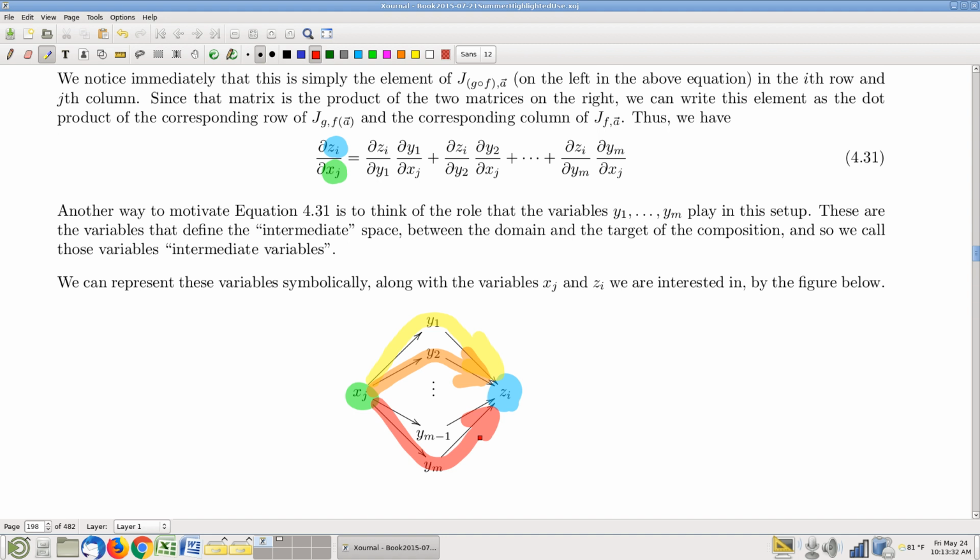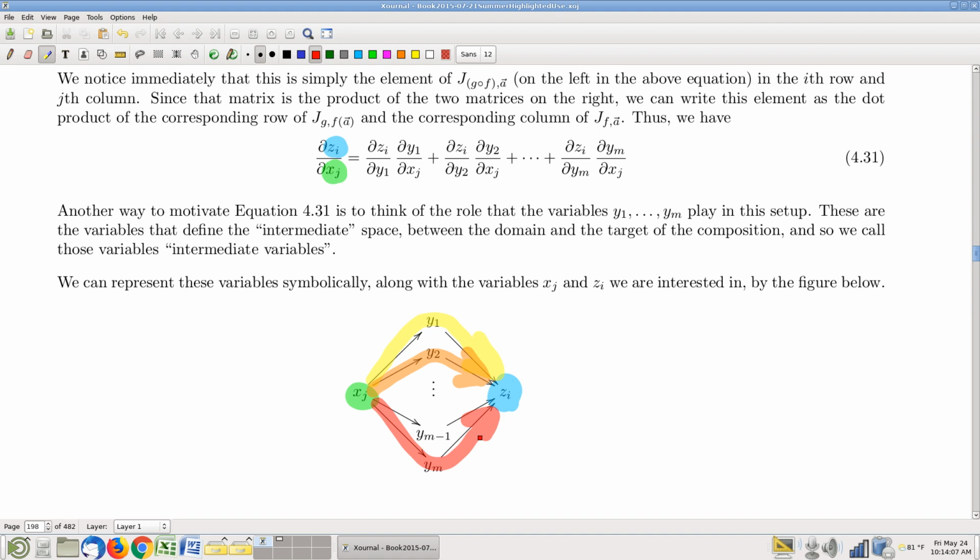So if I want to talk about how much change propagates through this yellow path, what I want to know is what's the factor that I multiply by the input change to get the output change. So however much xj changes, what factor do I multiply to get the contribution to the zi change? And I make, I think, a very plausible appeal that the total factor is, there's a factor that tells you how much y1 changes per xj change.